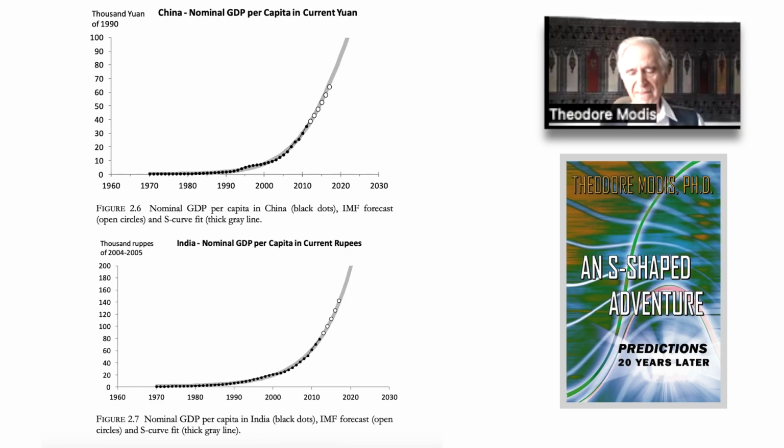Now, the China and India case is early on the S-curves. We see them here, and again, we have IMF forecasts with the white dots, which follow very well on the fitted gray lines, which are S-curves. The beginning of an S-curve is exponential.